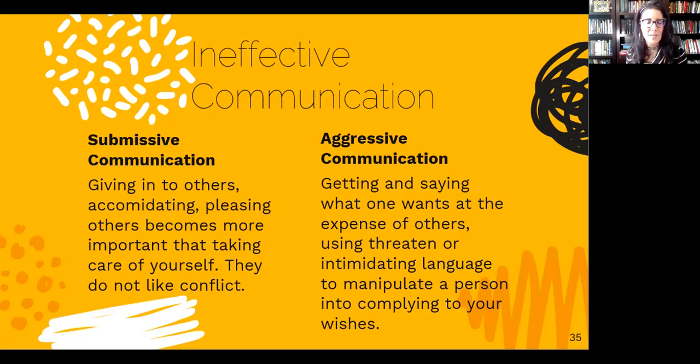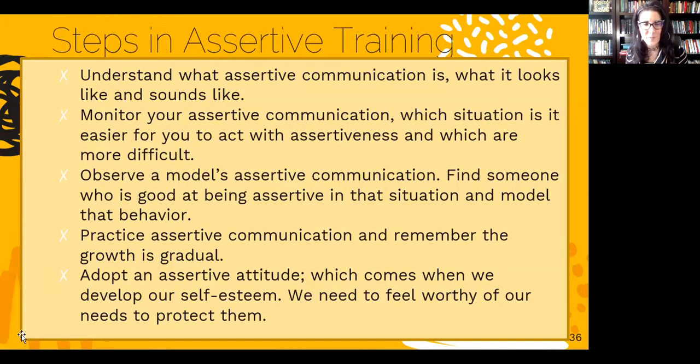So mutual respect would not use aggressive communication, because aggressive communication is not respecting somebody, right? It's intimidating them. It's coercing them into doing what you want. So the antidote to all of this is a healthy sense of self, among other things, but a healthy sense of self is good.